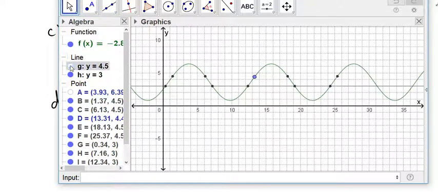Let me hide some of this stuff so it's out of our way. Just after midnight it's swimmable, but we're not worried too much about that one. This point is 7.1, so just after 7 a.m. it's below the tide where it's safe to swim, to just after 12, to about 12:20.